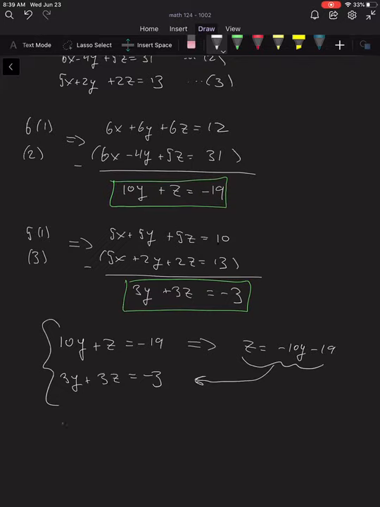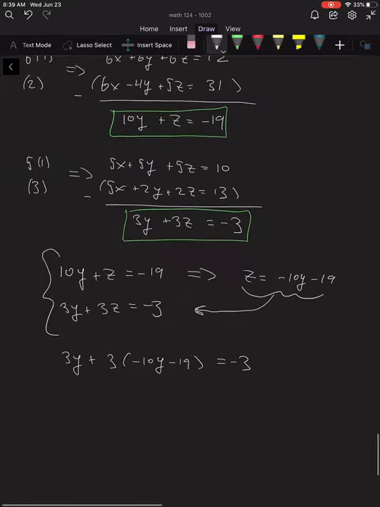So we get 3y plus 3 times minus 10y minus 19 is equal to minus 3. So 3y minus 30y, minus 57 is equal to minus 3.